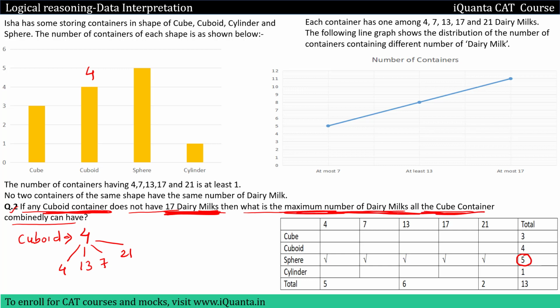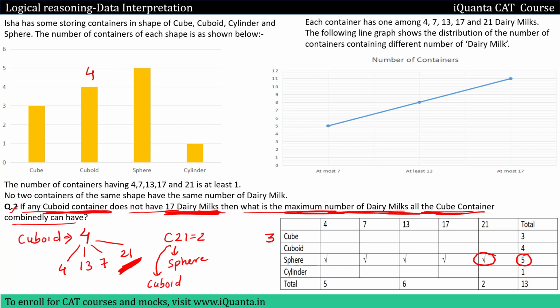We have 3 cube containers over here. We already know that there were only 2 containers having 21 chocolates, and definitely one of them has to be a sphere because there were 5 spheres. So one sphere will definitely have 21 chocolates, and we just saw here that one of them will definitely be a cuboid.